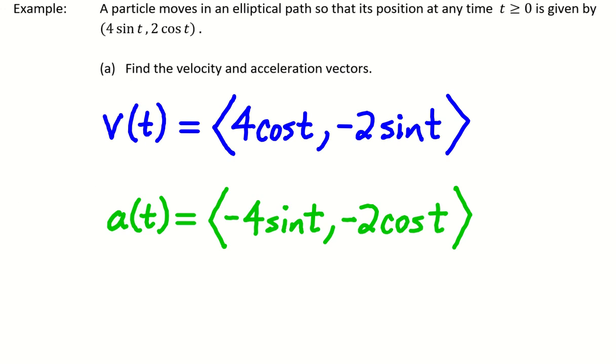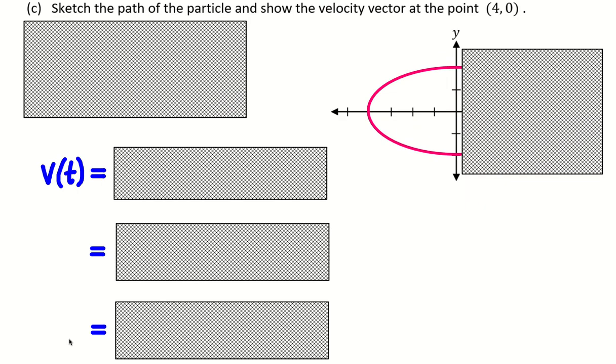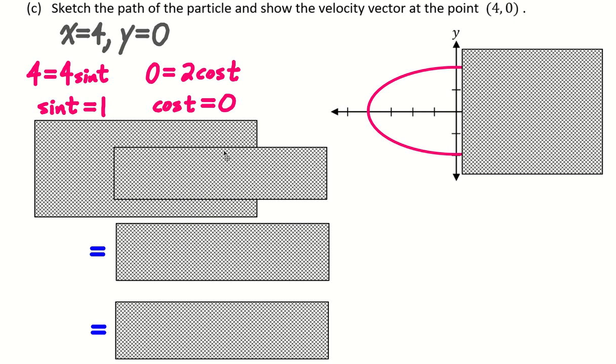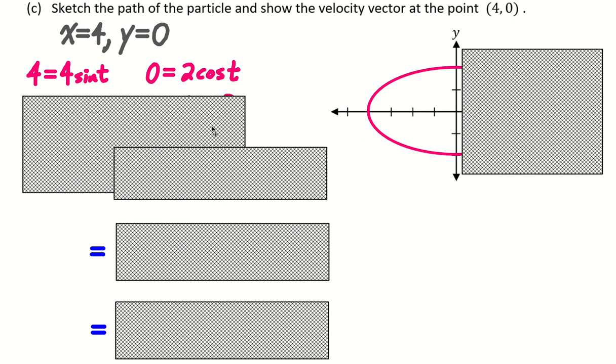Plug in those two equations, and you get the ellipse, like it said. It told you it was elliptical. And show the velocity vector at 4, 0. So show the velocity vector at 4, 0. So again, I don't think this is necessary. x equals 4. Yeah, x equals 4.